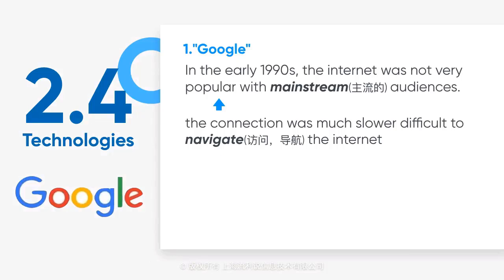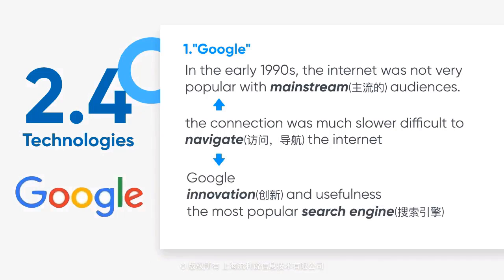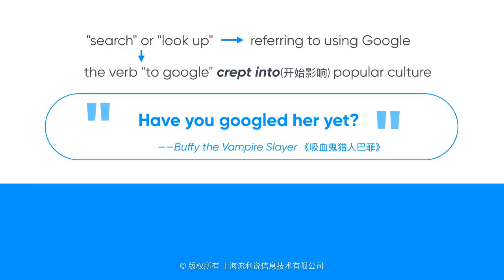This is because the connection was much slower than today, and many people found it difficult to navigate the internet. Two PhD students solved this problem by creating a new search engine, later known as Google. As a result of Google's innovation and usefulness, Google quickly became the most popular search engine.